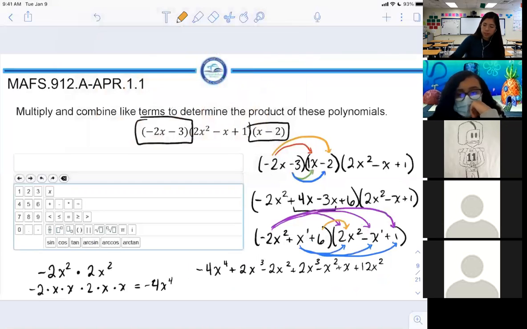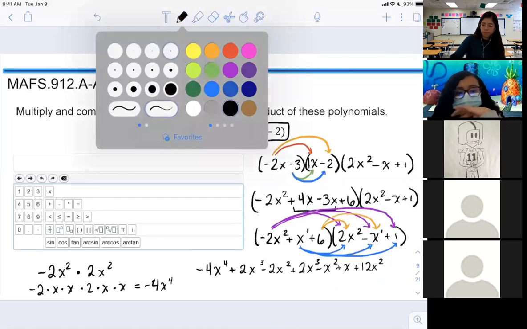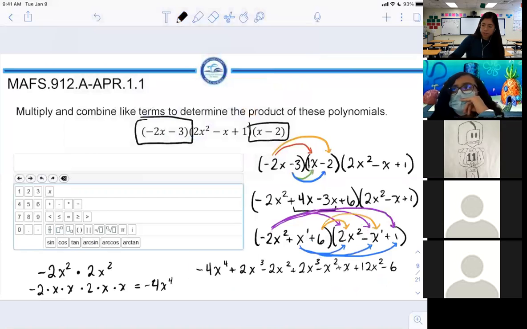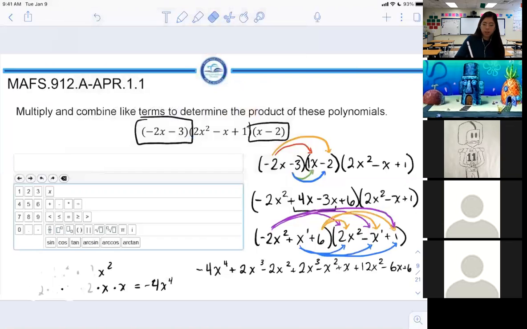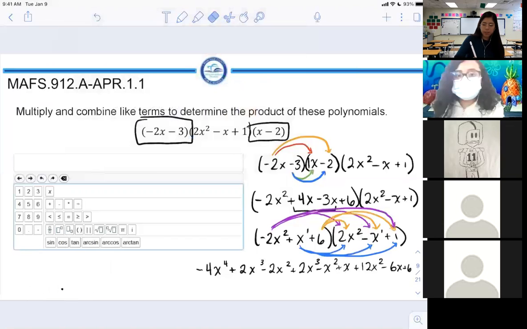Perfect. 6 times negative x is negative 6x. And then finally, 6 times 1, just 6. Good. Okay, we've got this super, super, super long polynomial, but of course we can combine like terms.